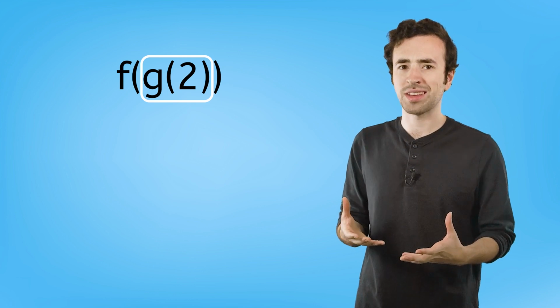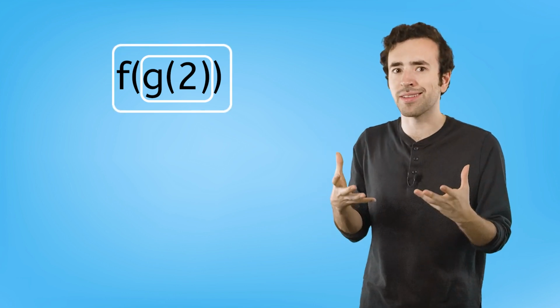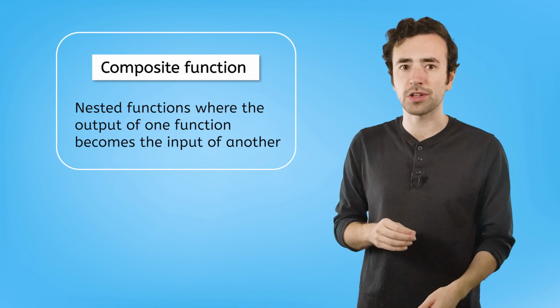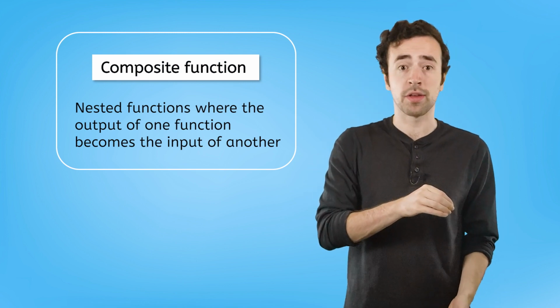Do you see how we had one function to evaluate nested inside another function we had to evaluate? These nested functions are what we call a composite function, where the output of one function becomes the input of another.